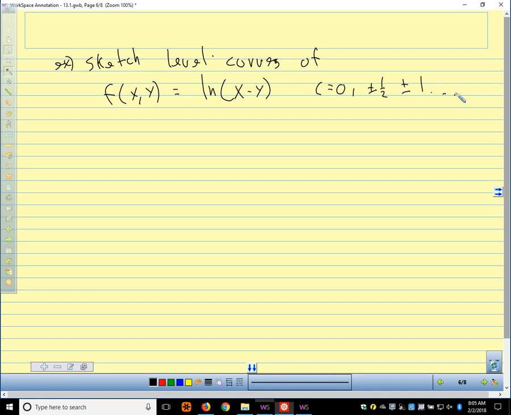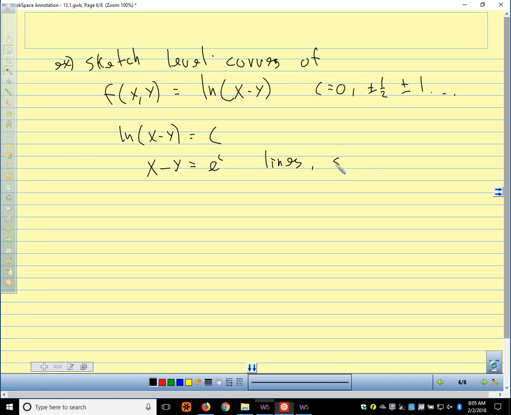What are our level curves here? Lines. x minus y equals e to the c. These are lines.